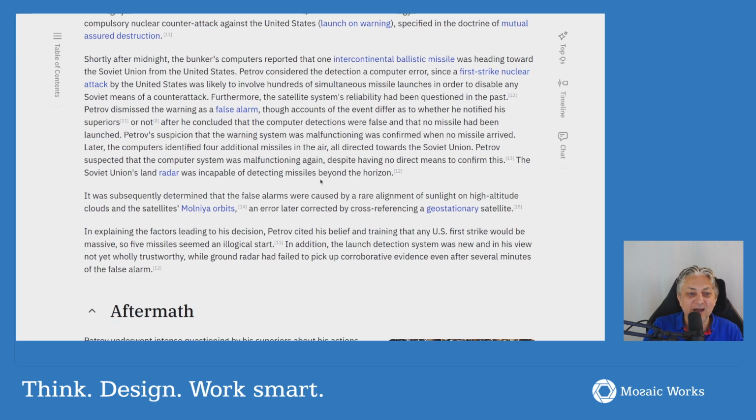Shortly after midnight, the bunker computers reported that one intercontinental ballistic missile was heading towards the Soviet Union from the United States.